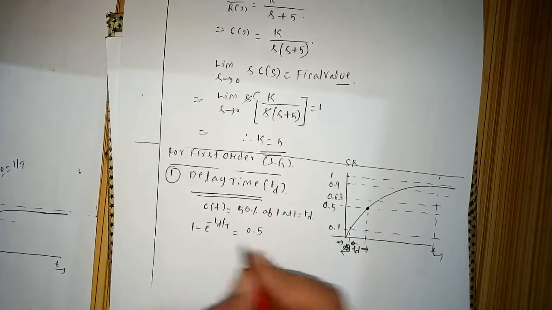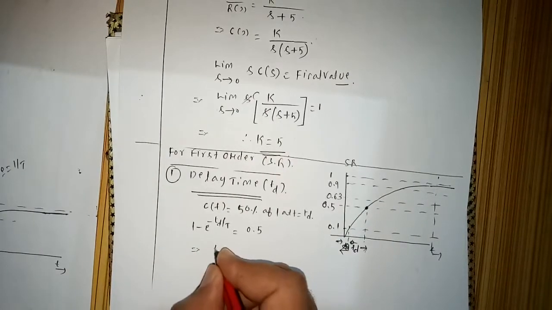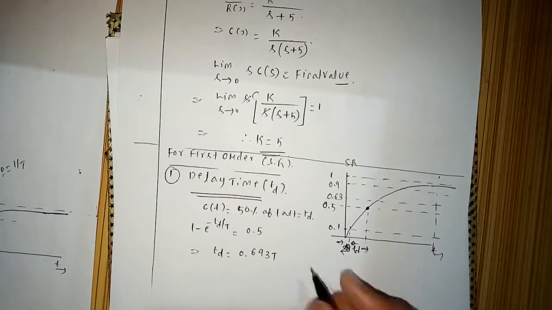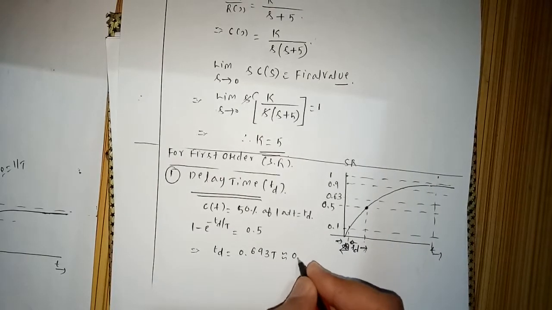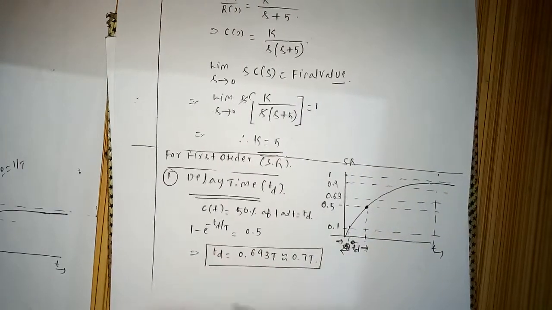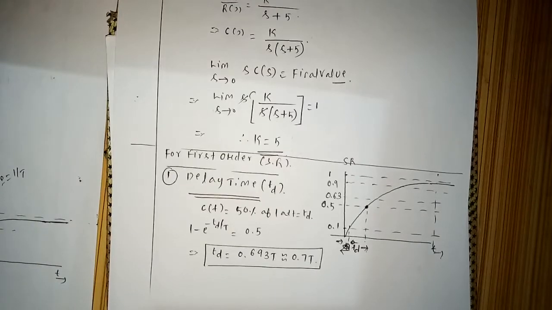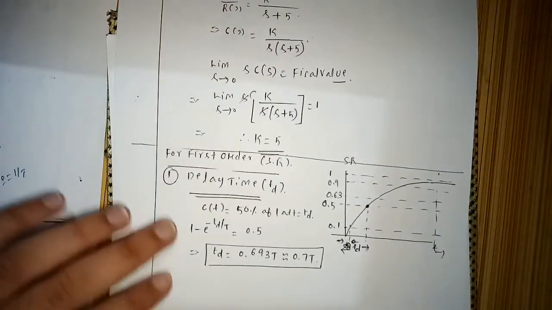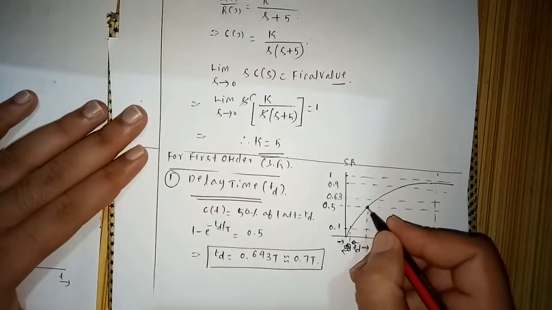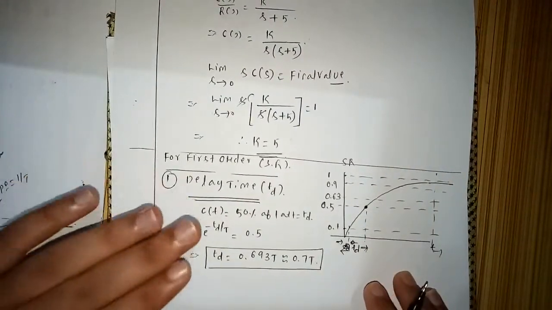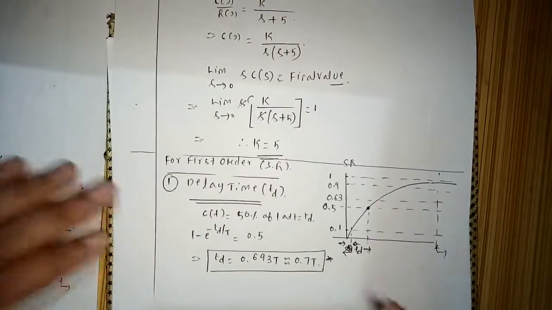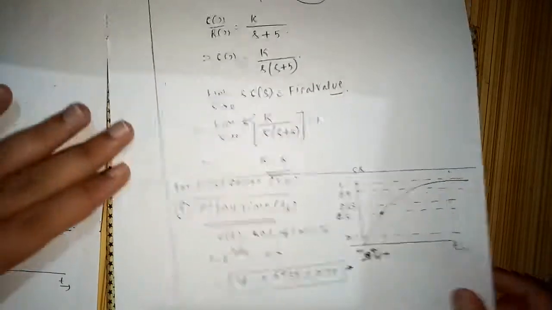If I manipulate these things, I get td equal to 0.693 T, or approximately 0.7 T. The time taken by the step response to reach 50% of its final value is defined as delay time. This comes out to be 0.7 T. This is standard, you can remember it, no need to derive it again and again.